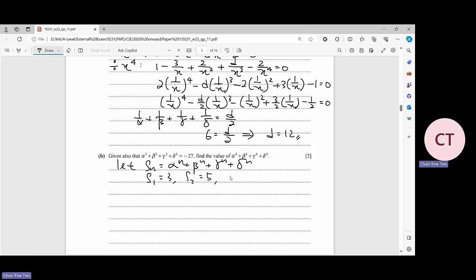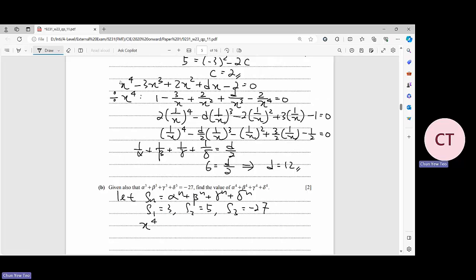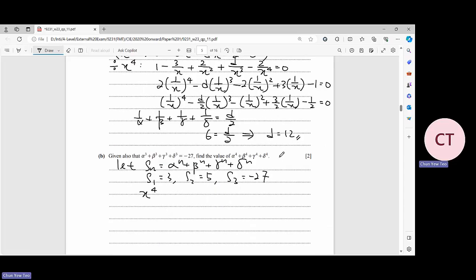Now with the information given here, we have S3 equal to negative 27. So we take our equation here, this equation, make it become x to the power 4 equals 3x cubed minus 2x squared minus 12x plus 2.